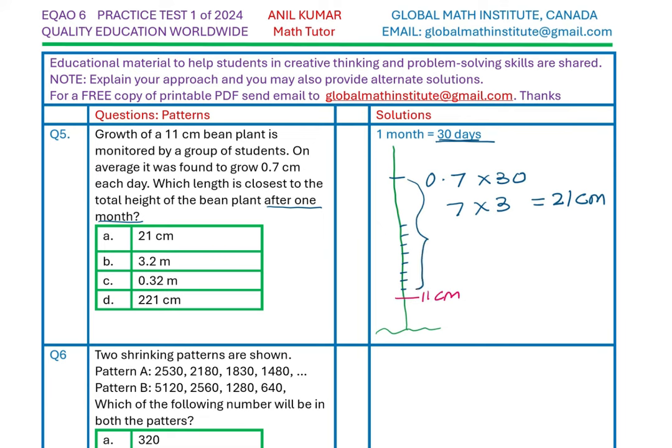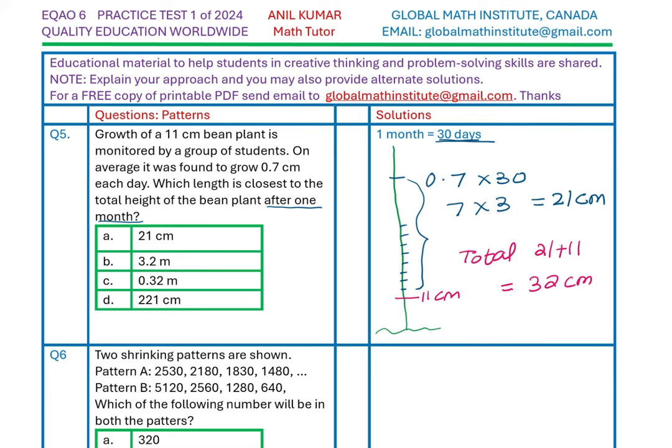So what is the total? Total height will be 21 plus 11, which was already there, right? And therefore, that should give me 32 centimeters. Now we got 32 centimeters. 32 centimeters is not given, but we are given something in meters.